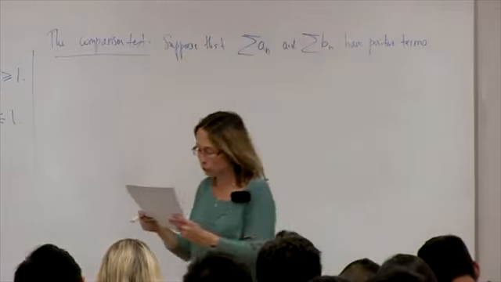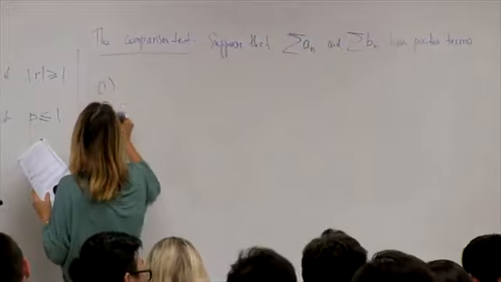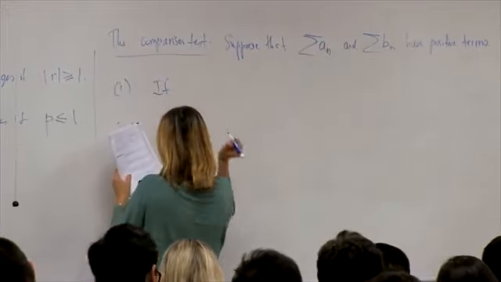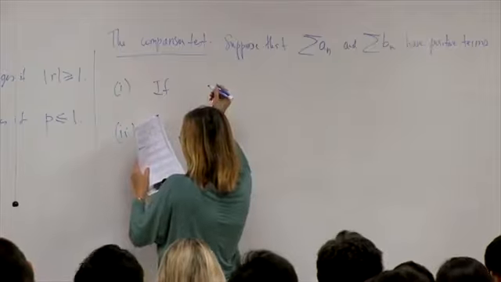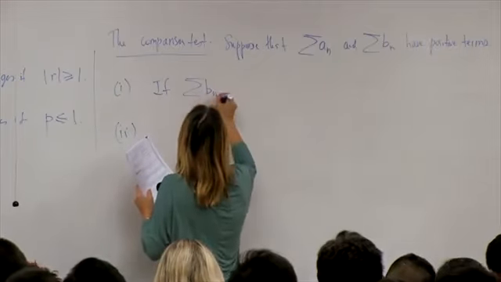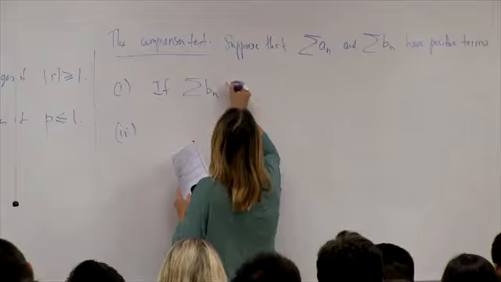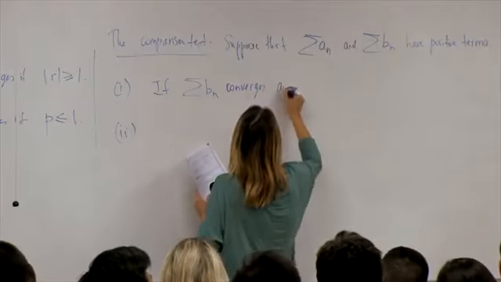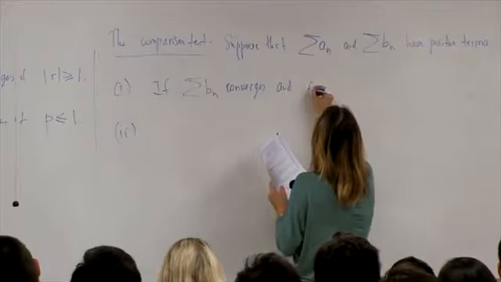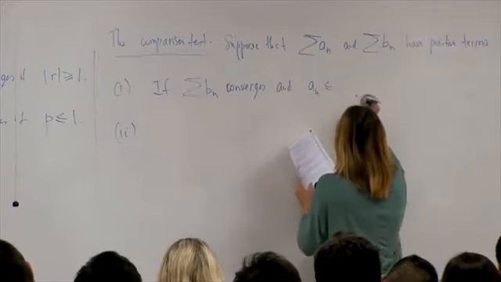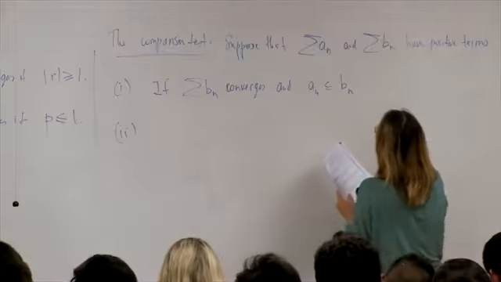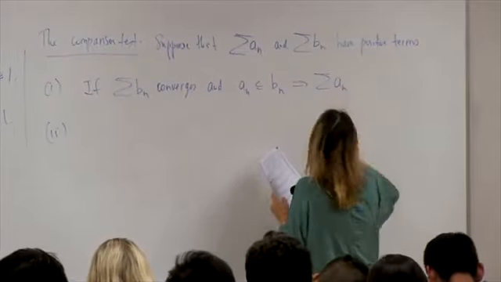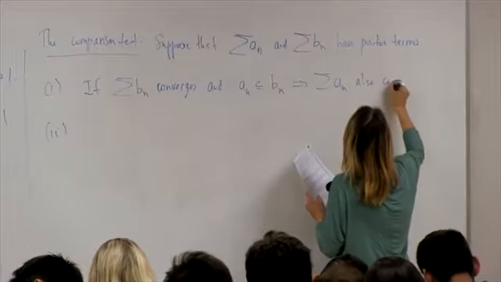Okay, this is an important condition. And then there are two parts. Okay, if the b series converges and a_n is smaller or equal to b_n, then a_n also converges.